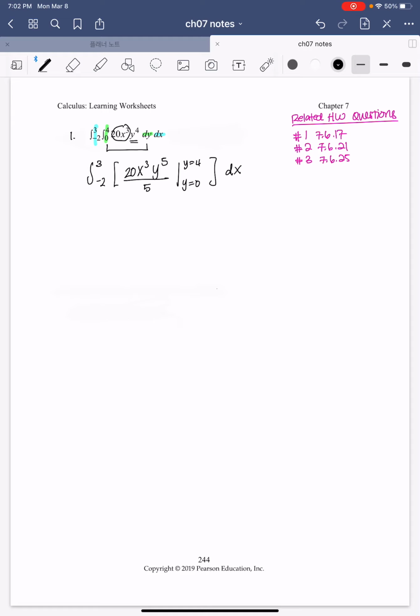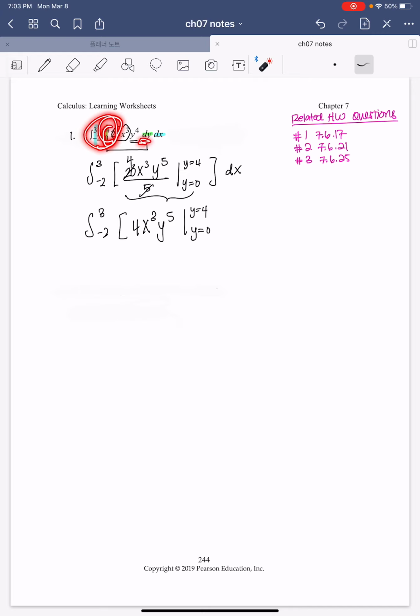Let's simplify here a little bit. Reduce down to 4, so 4x cubed y to the 5th power. Only plug in 0 and 4 into the y, because remember I just highlighted that 0 to 4 is the y variable value.